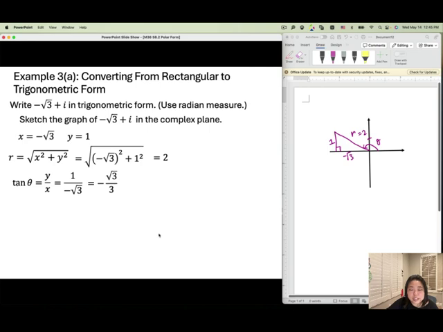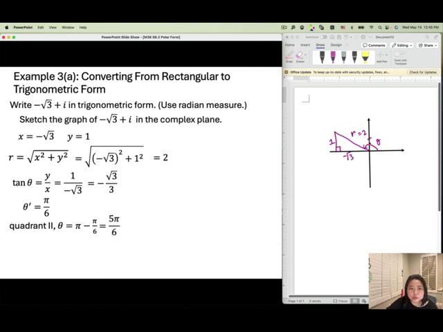So first, let's find out the reference angle. Reference angle will be in radian. Reference angle will be pi over 6. And then, since this is in quadrant 2, when we want to find out the argument, the theta, that will be pi minus pi over 6, which is gonna be 5 pi over 6.